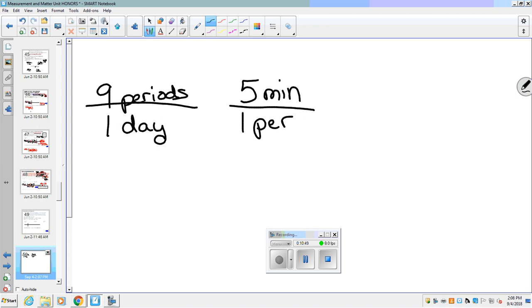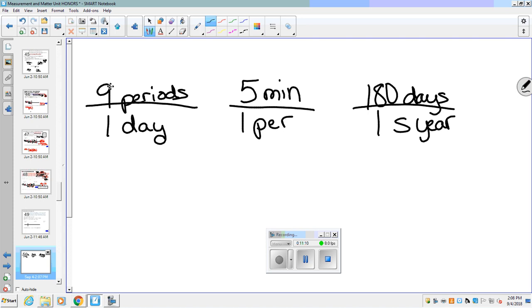And the school year has 180 days. I'll call that an S year so it doesn't look weird. Now, there might be other important pieces of information that we need to know in a problem. So as we tackle this, we're going to see what happens.